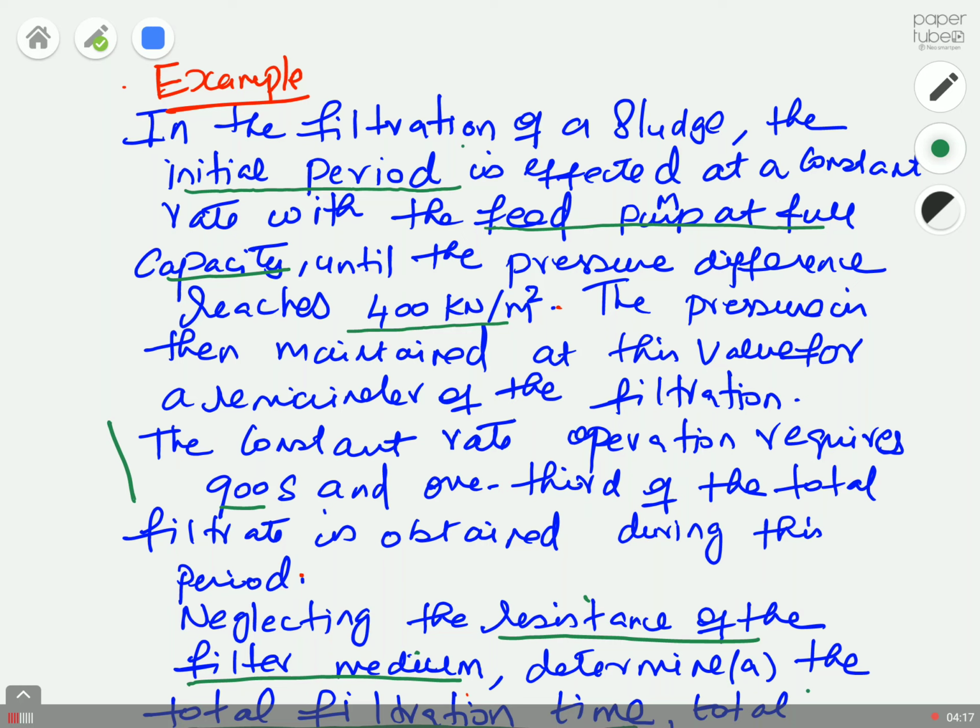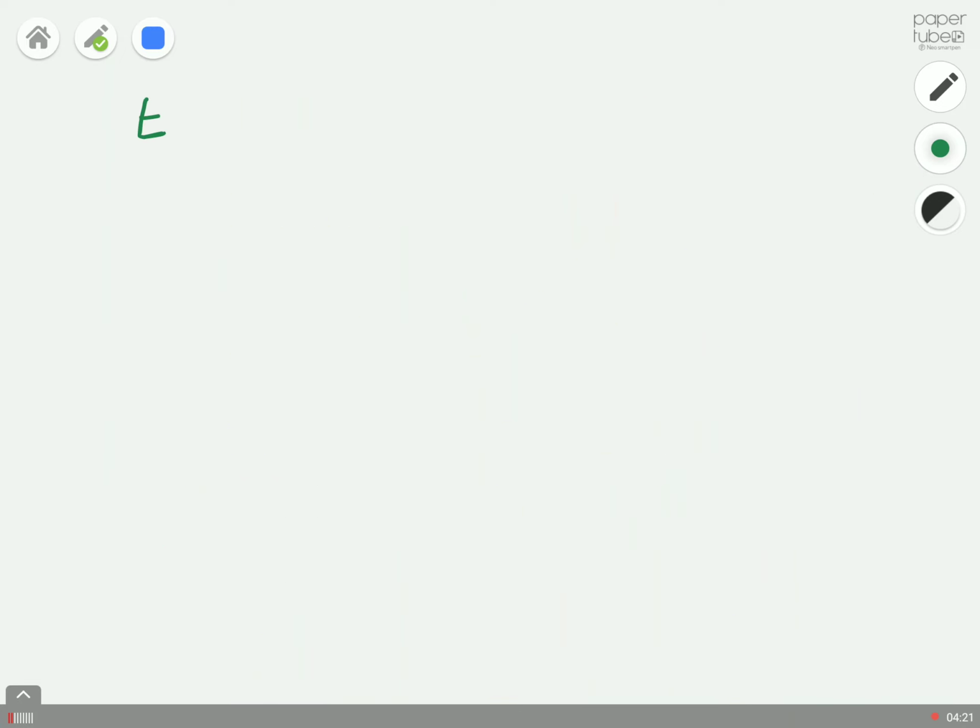What is stated in the problem is that we start the filtration process when time t is equal to 0, and our pump is operating at its maximum capacity until some time t equal to t1. From t equal to 0 to t1 the pump is operating at maximum capacity, and we are performing the filtration at constant rate.